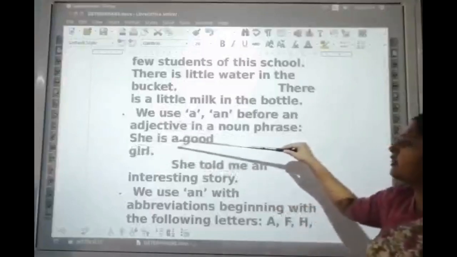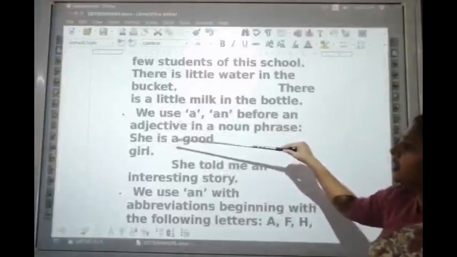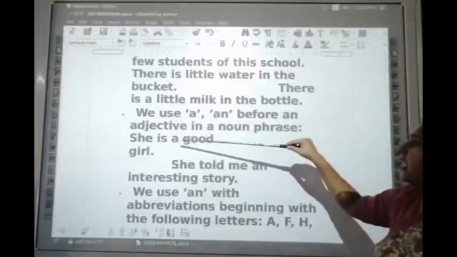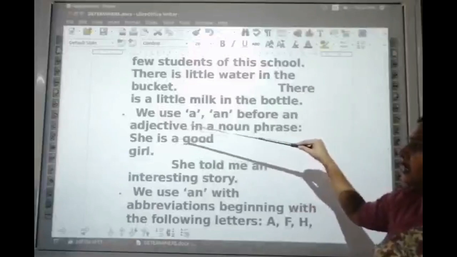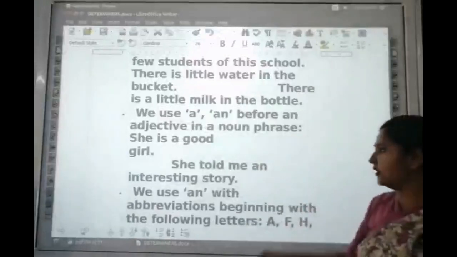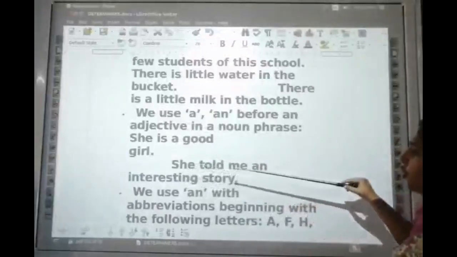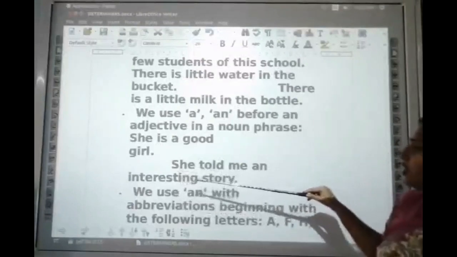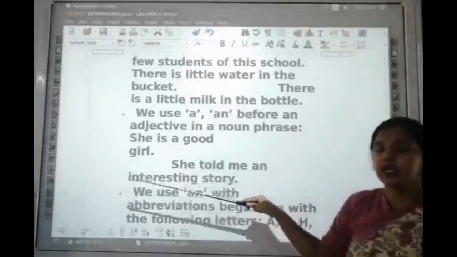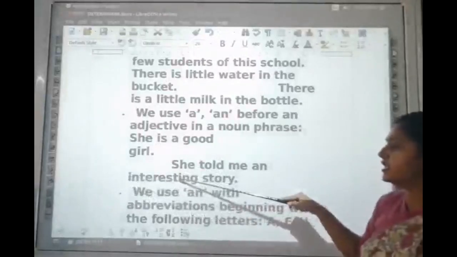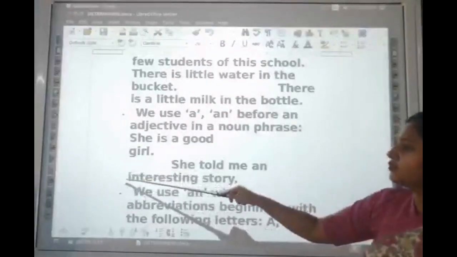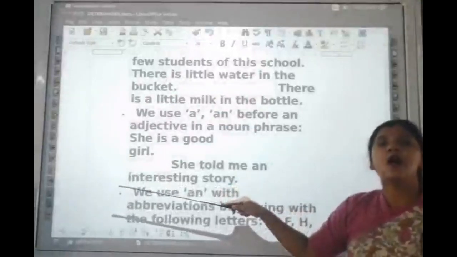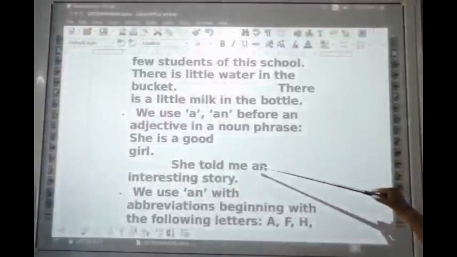That's why we are using A, because good starts with a consonant sound, and the word good is an adjective. Next, she told me an interesting story. What kind of story? An interesting story, and the word interesting is an adjective. The pronunciation starts with I, and I is a vowel. That's why we are using AN here.